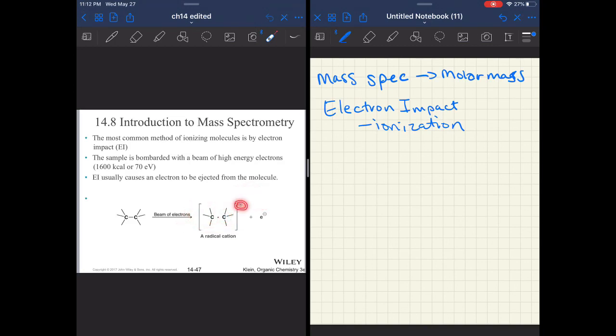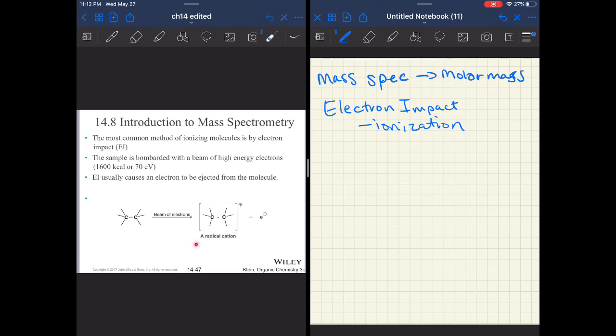You need this charge. Now, an electron has negligible mass in comparison to protons and neutrons. So if this makes it all the way to the detector, you're going to get mass to charge. Z stands for charge, and that charge is always +1. So mass to charge is also the same thing as figuring out the mass.